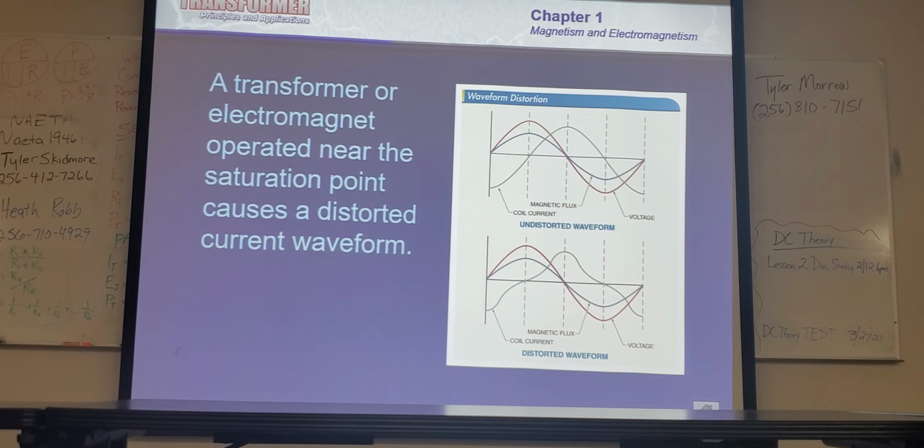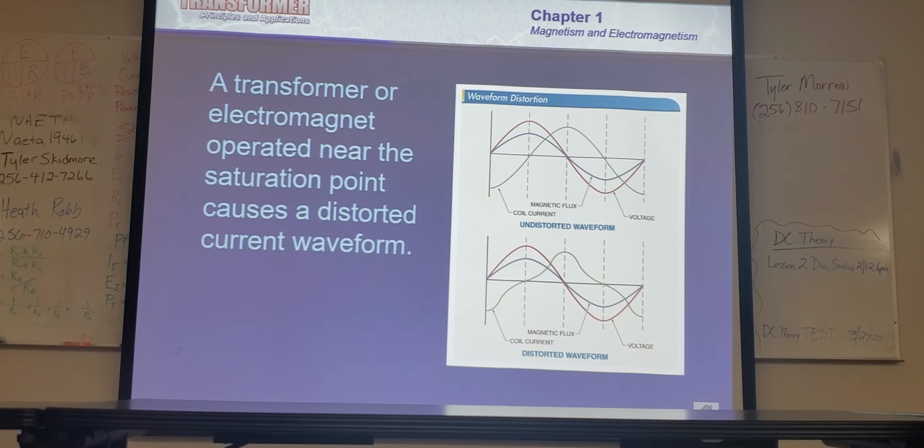When a transformer core approaches saturation, a larger and larger amount of magnetomotive force is required to deliver increases in magnetic flux. The magnetomotive force is proportional to the current through the magnetizing coil. Therefore, larger and larger amounts of magnetomotive force require proportionally larger increases in the coil current.